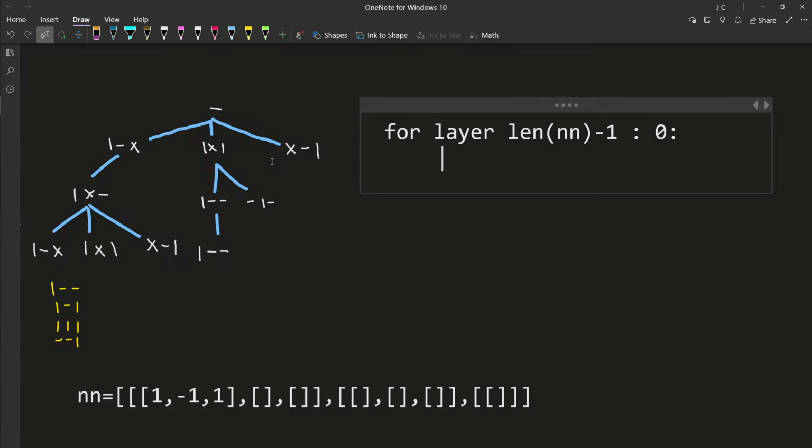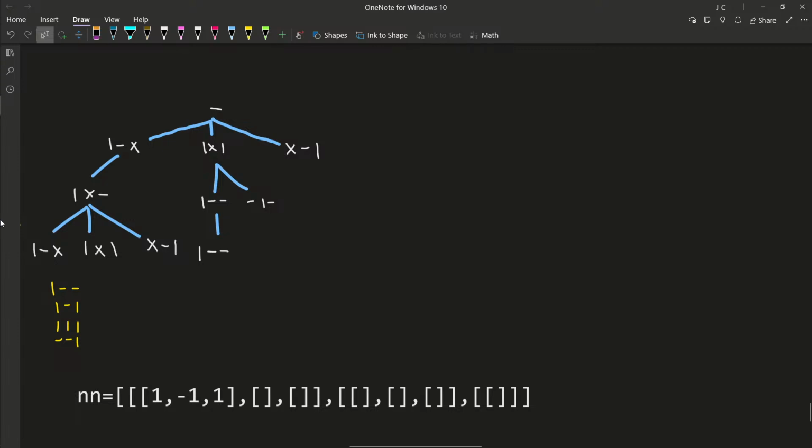Well, still recursively. Yeah. Right? I mean, that's a tree, so it should be recursive. Okay.